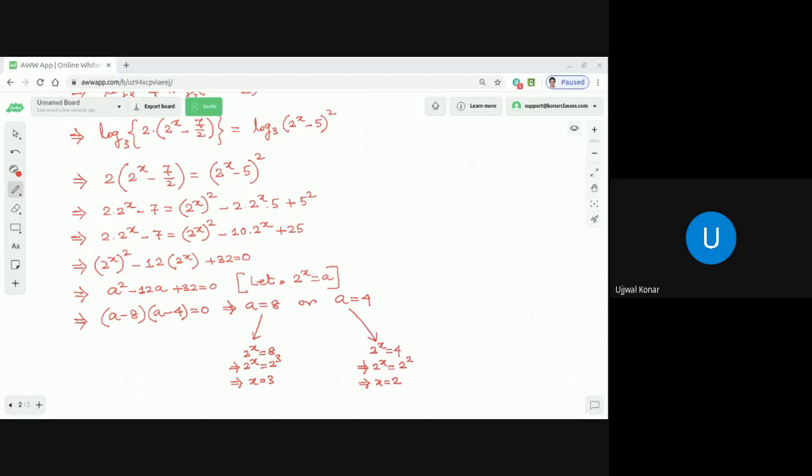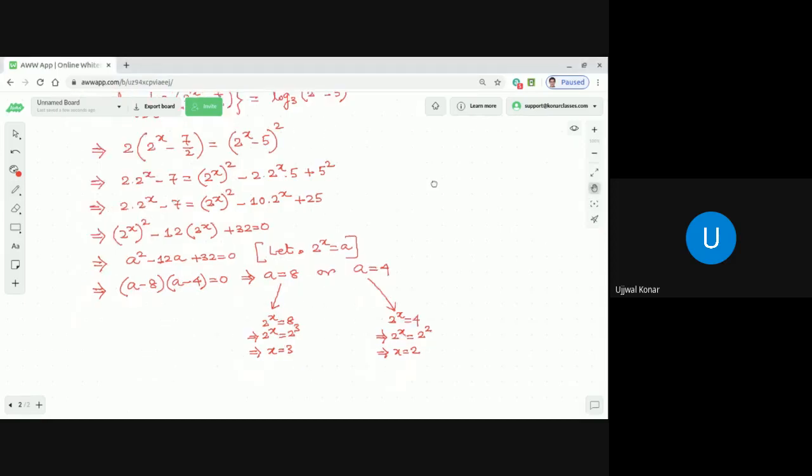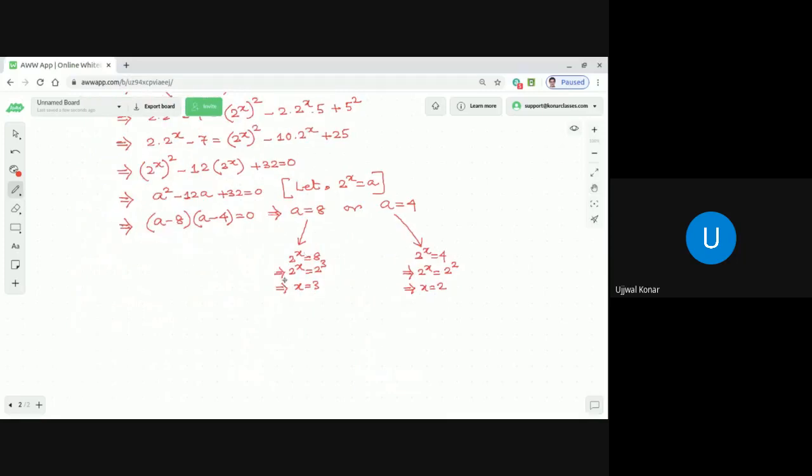I hope all of you understood, dear students, that if we apply x equal to 2, then we'll get 2 to the power x minus 5 is equal to 2 to the power 2 minus 5, that is equal to minus 1. That implies log of 2 to the power x minus 5 is not defined, which is not the case.